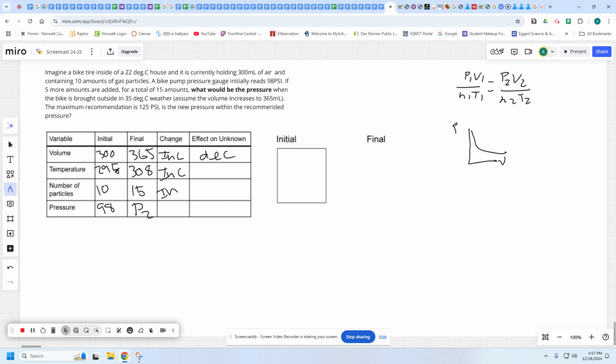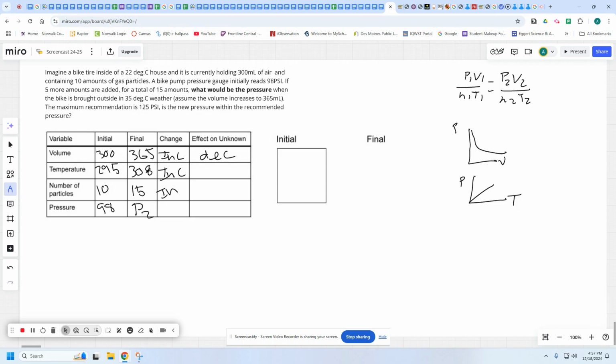When you look at the temperature versus pressure, that was a linear graph in Kelvin. Pressure versus temp. And that's also hidden up here in this algebraic version. Pressure in the numerator, temperature in the denominator, which represents a linear pattern. So we have temperature increase.